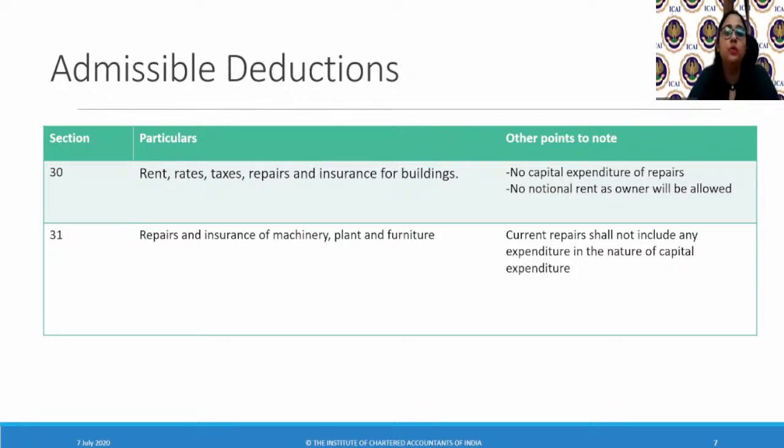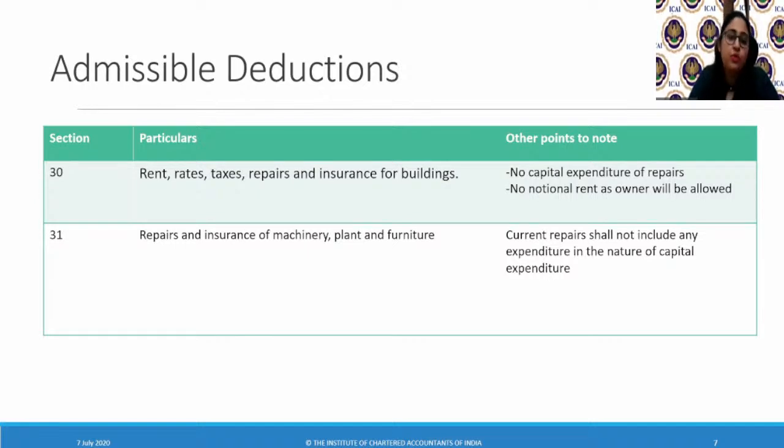Next thing, what you need to bring in for the business is plant, machinery, furniture, right? So the next deduction is in relation to plant, machinery and furniture. So repairs and insurance, only these two are covered here. Rent is also covered, but that is in another section. So repairs and insurance of machinery, plant and furniture are allowed. Again, only current repairs are allowed. Capital expenditure repairs are not allowed.